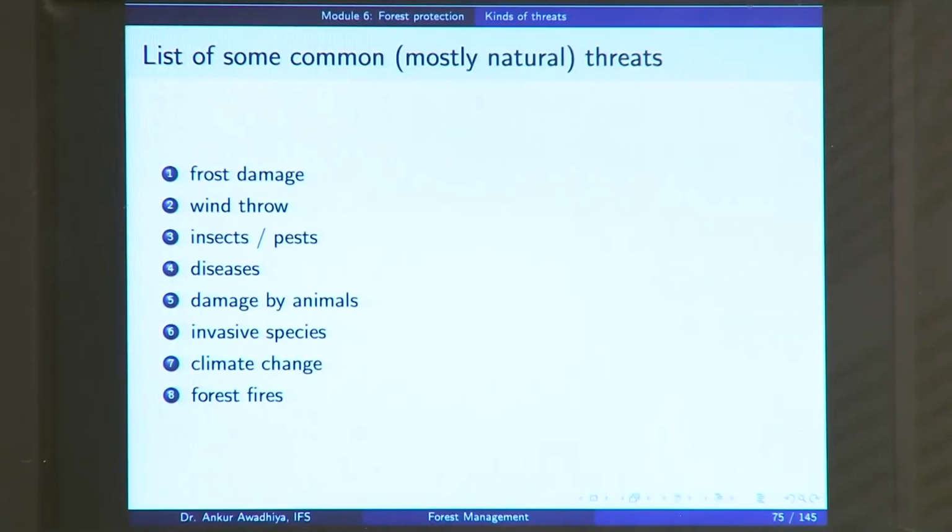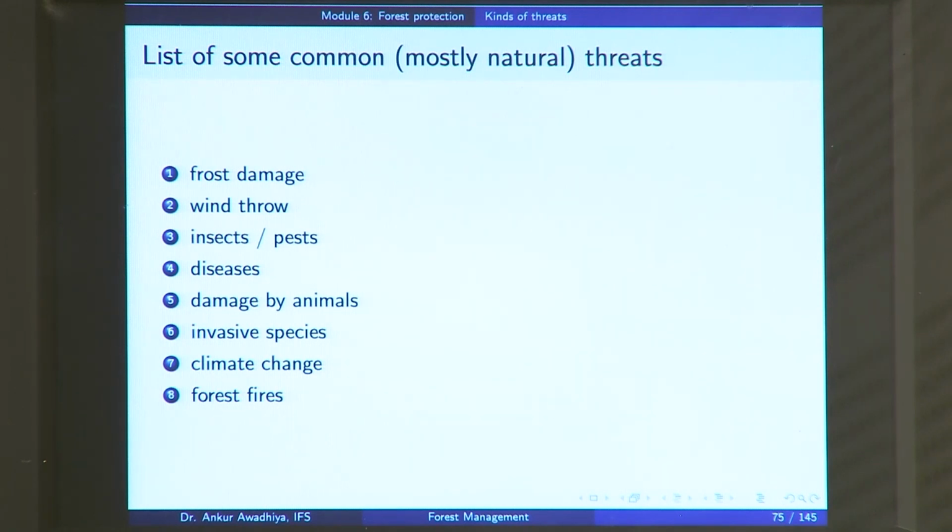Now, another source of natural threat is climate change. So, when we have a situation of climate change, there are extreme weather situations that come up. Suppose you have a year in which there is a very heavy rainfall, the soil gets waterlogged, and in that situation a number of plants die off.